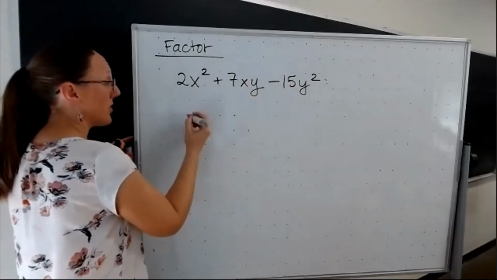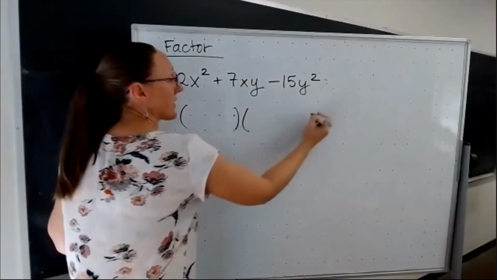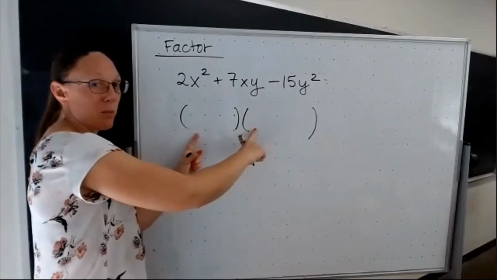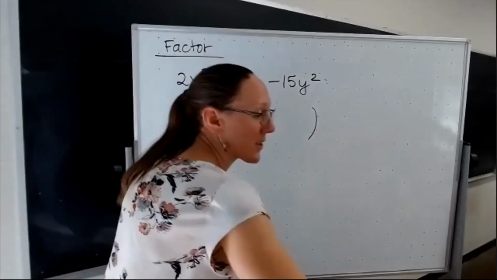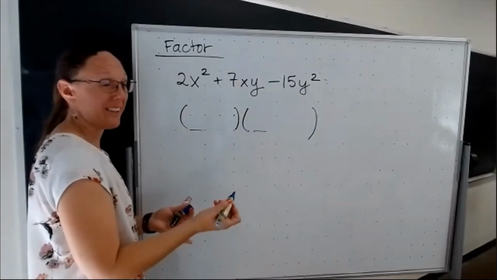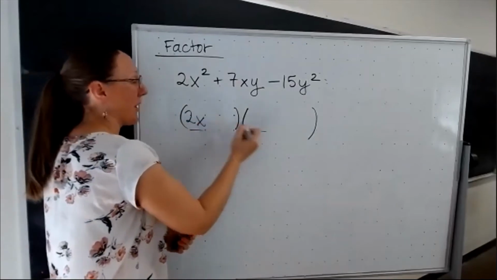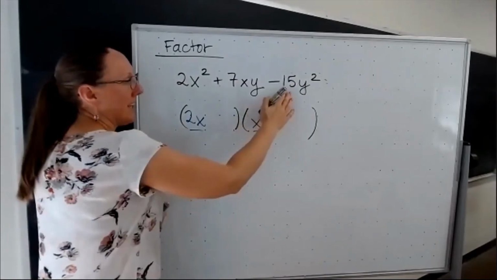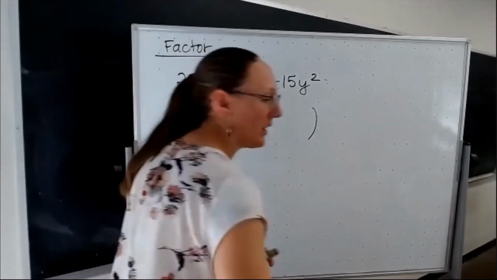So I'm going to jump to thinking about, I need two things to multiply together. Well, these two terms, when they multiply together, have to give me 2x squared. There actually isn't an option. There's only one way to get that 2x squared. I need a 2x and an x. The place where we have options is on that 15.